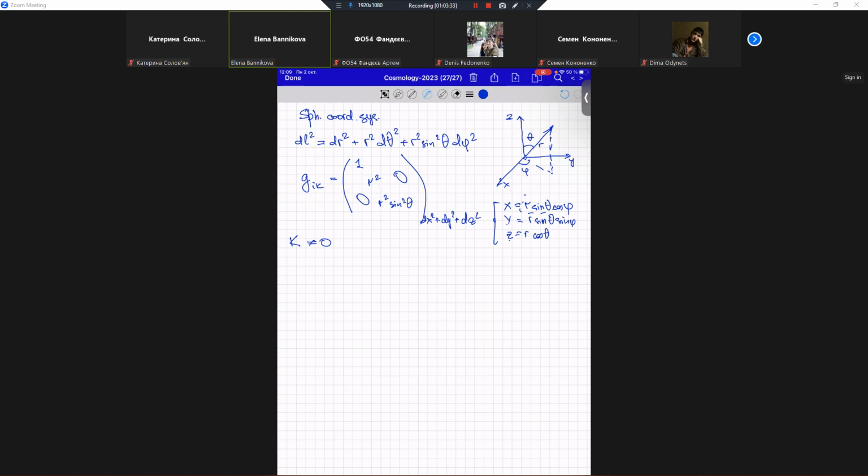Later, we will discover that in general relativity we will come to some object which we call scalar curvature, and it will be in the Einstein equation. Again, curvature doesn't change when we go from one reference system to another.